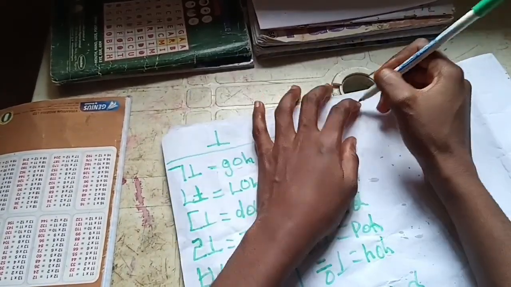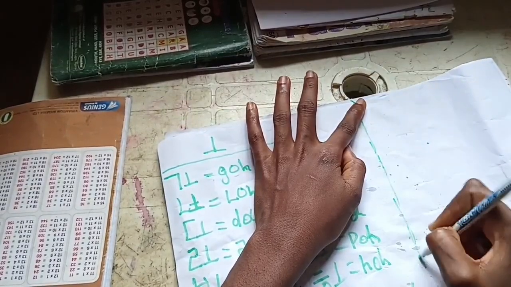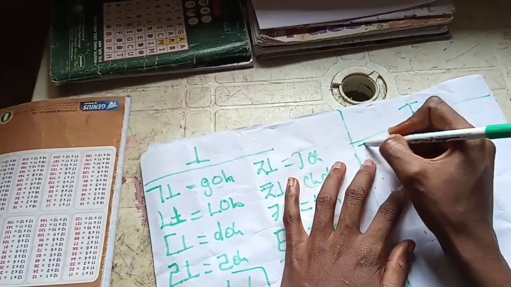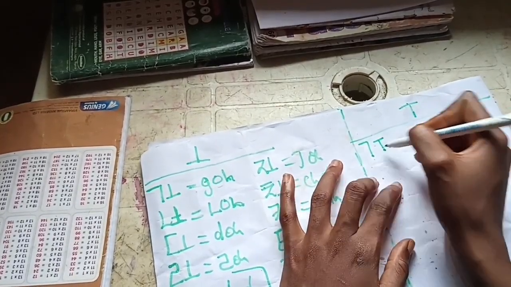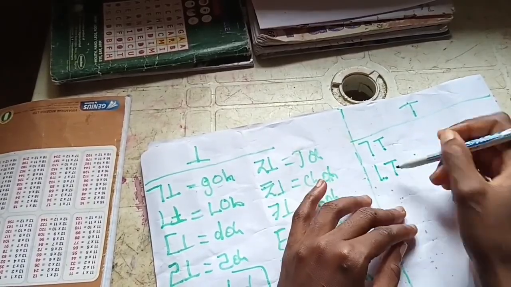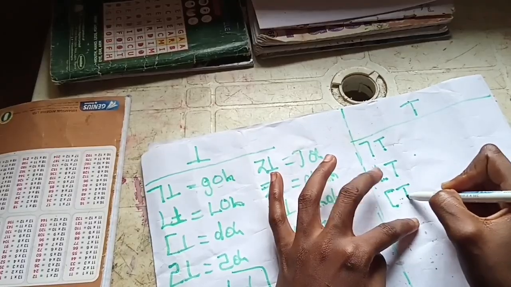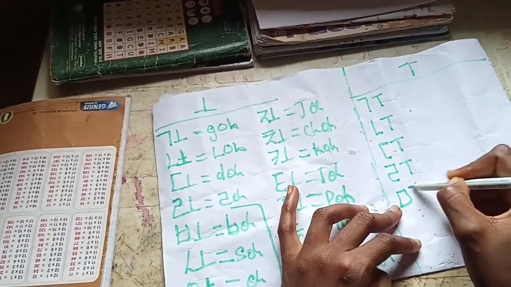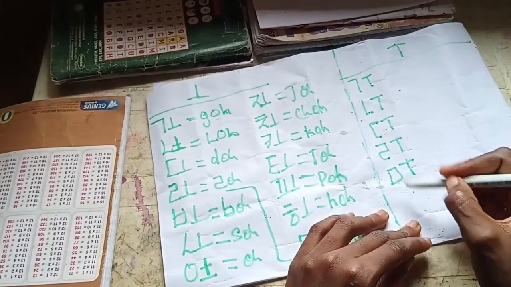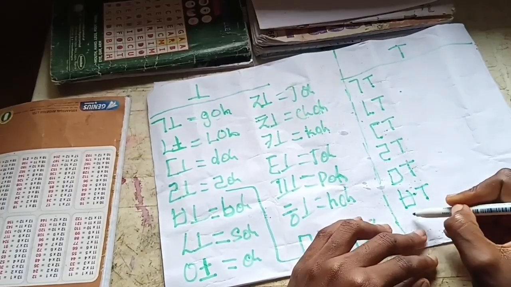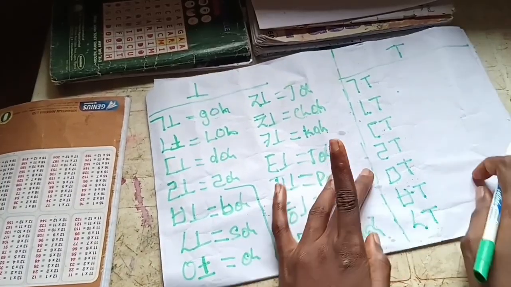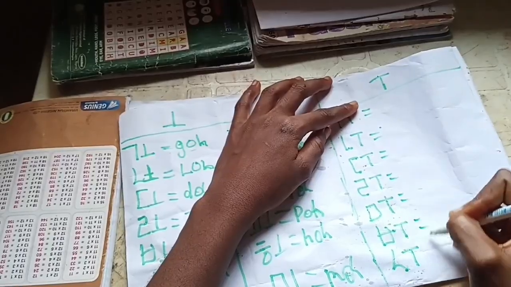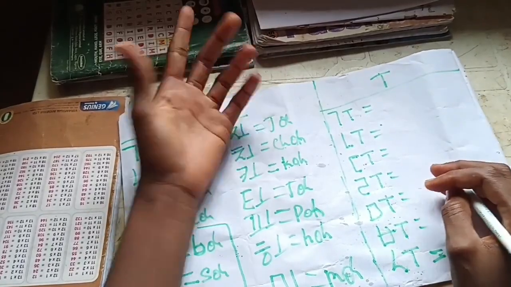Right, so we're done with the O vowel. The next is the U vowel. So we have gu, nu, du, ru, mu, we're not forgetting it in this one. Bu, su, u. So you know how it's pronounced. Like I said, you can use romanization when you're learning the Korean alphabet.